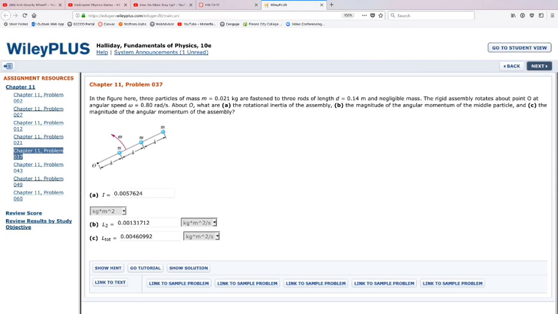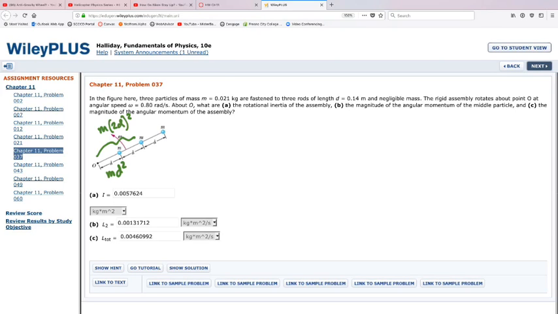Just mr squared. So to find the total moment of inertia of this thing, oh look, I'm showing you all the answers. m d squared for the first one. What's the second one going to be? m (2d) squared. So this one is m d squared, but this next one right here is m (2d) squared.